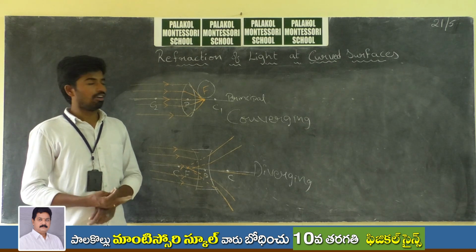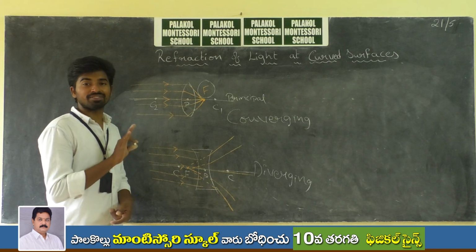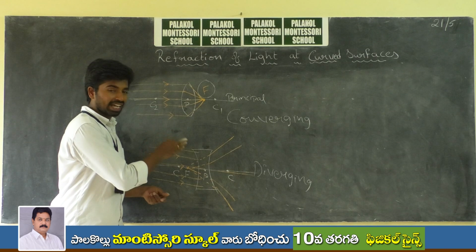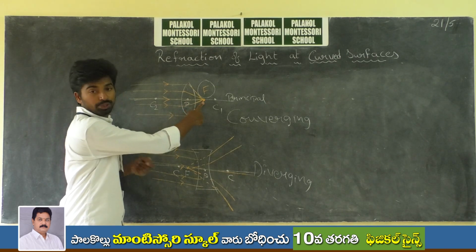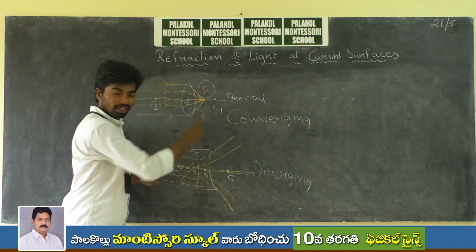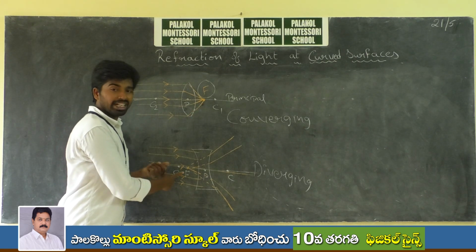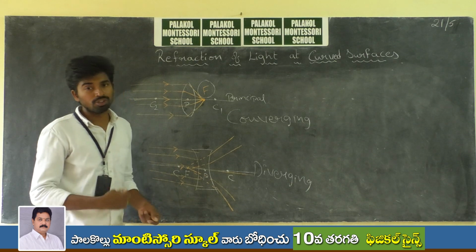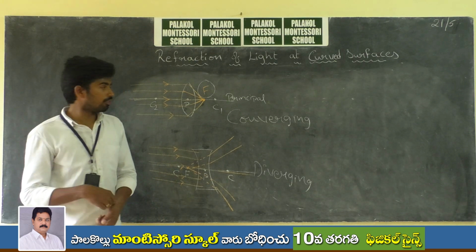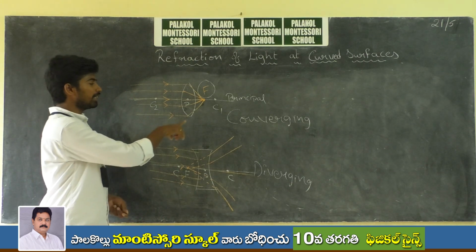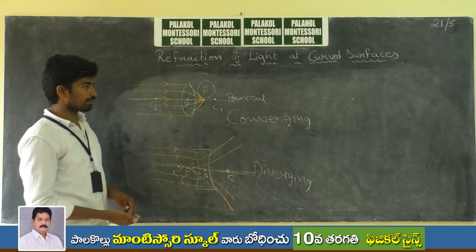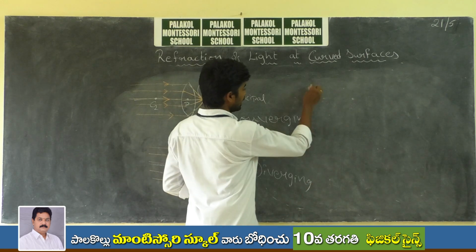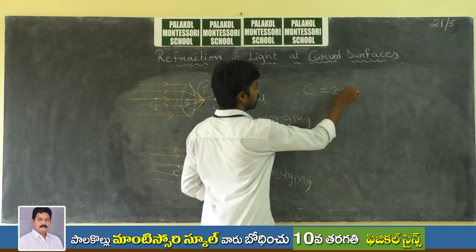Now let us see how we can define this focus point F. What is the focus point? When light rays parallel to the principal axis are incident on the lens, they will be converged to a point or seem to be emanating from a point called the focus point. The relation between the center of curvature and focus point is C = 2f.